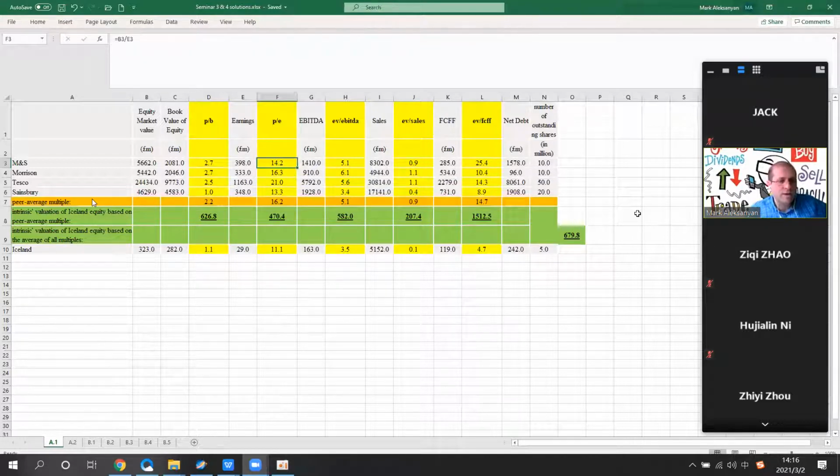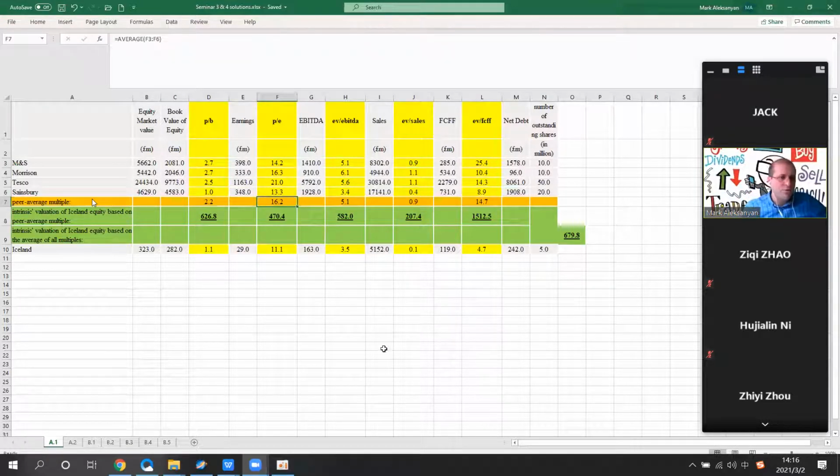And in the same way, we calculate all these other figures for the peers, and then we average them and get 16.2. So this is basically our peer average price earnings multiple, or our sector's multiple, whatever we define as peers.